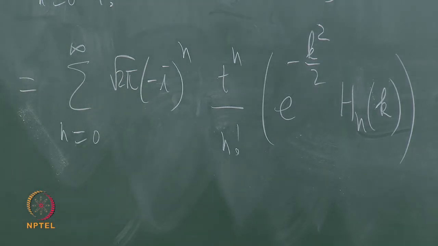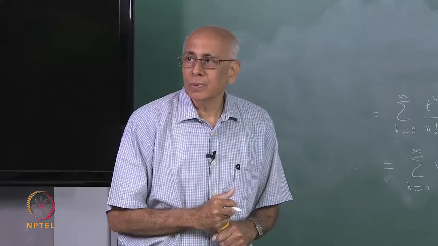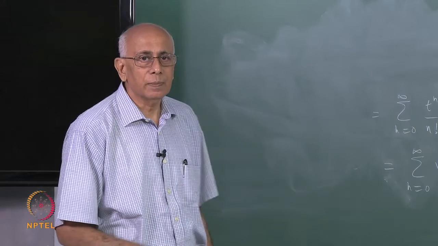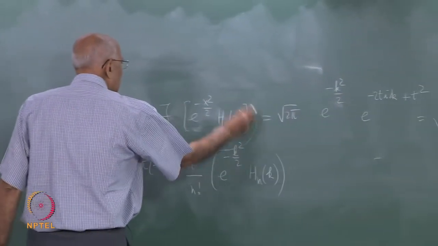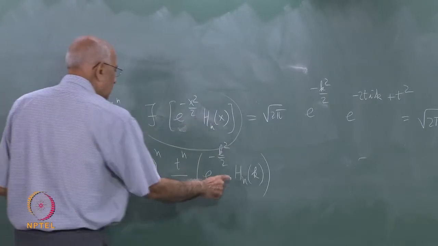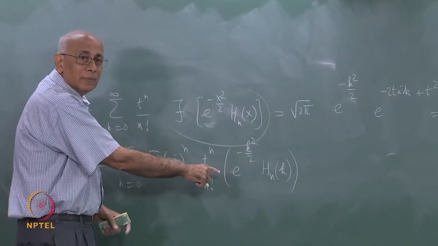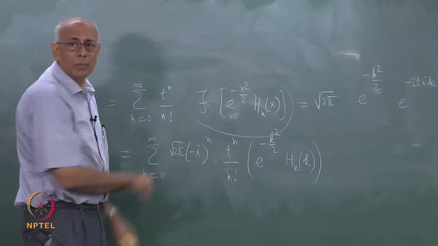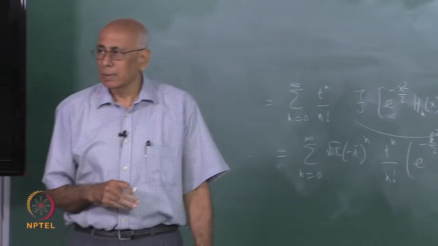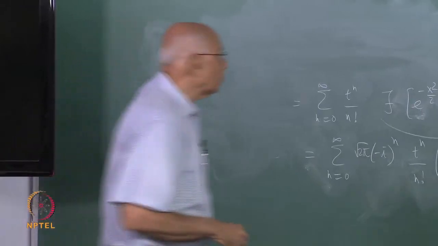Both are absolutely convergent power series in t. You can equate coefficients. So it tells you that the Fourier transform of this function is this function itself, the same function, multiplied by minus i to the power n times square root of 2 pi. Right?